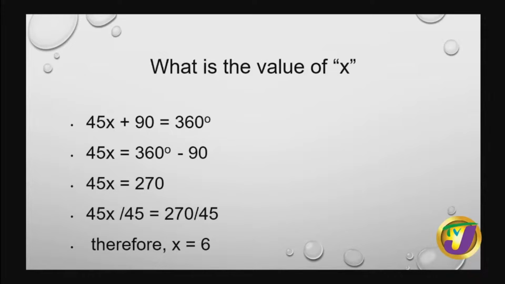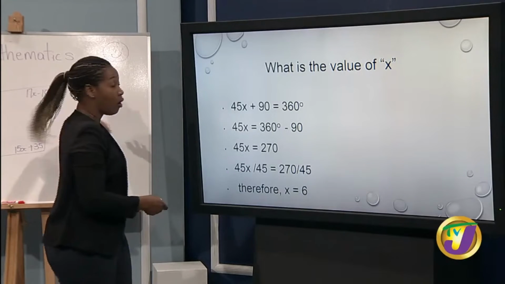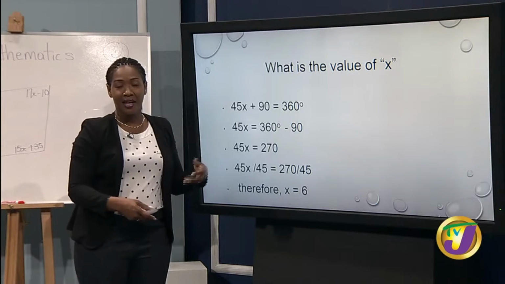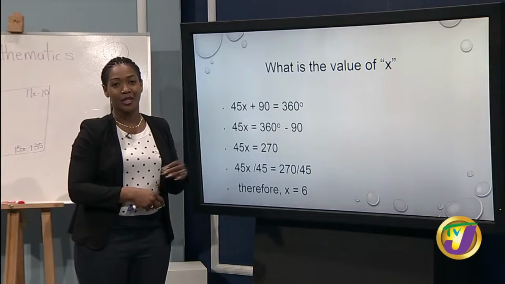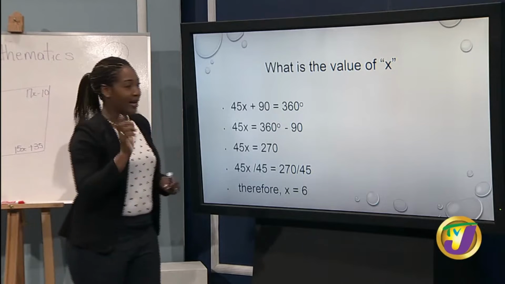What does that tell us? That for this particular set of expressions and equation, the value where x is 6 will satisfy it. And of course, you could substitute the x back into any of those or all four of them and calculate each angle and then add them up, and you would get 360 degrees for the entire quadrilateral, totaling angles.